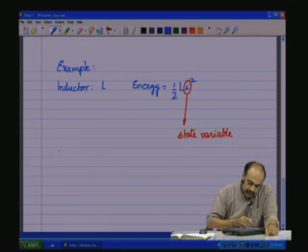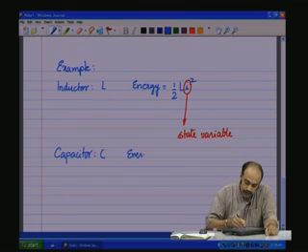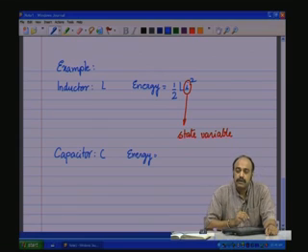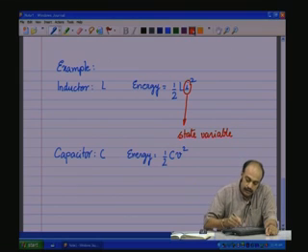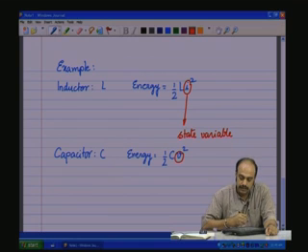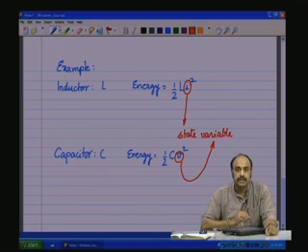Or if you consider a capacitance C, the energy here is stored by virtue of the potential across the capacitance, which is half C V square, and this voltage across the capacitance can be considered as state variable.